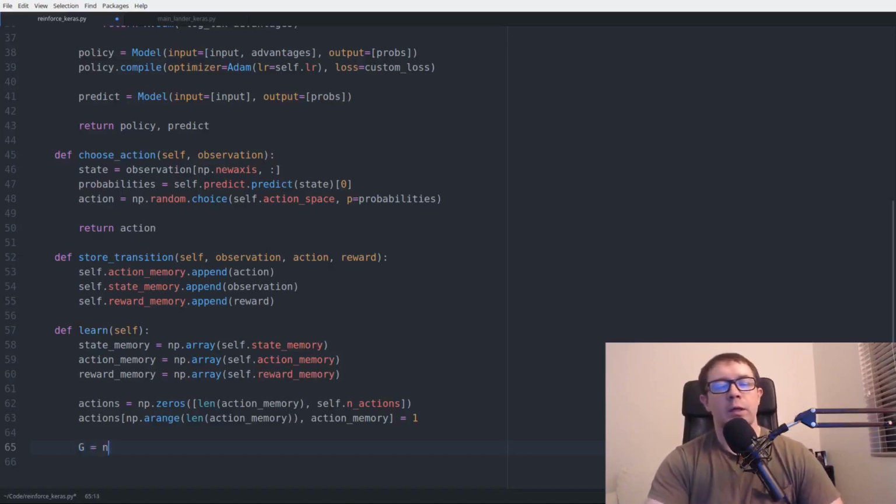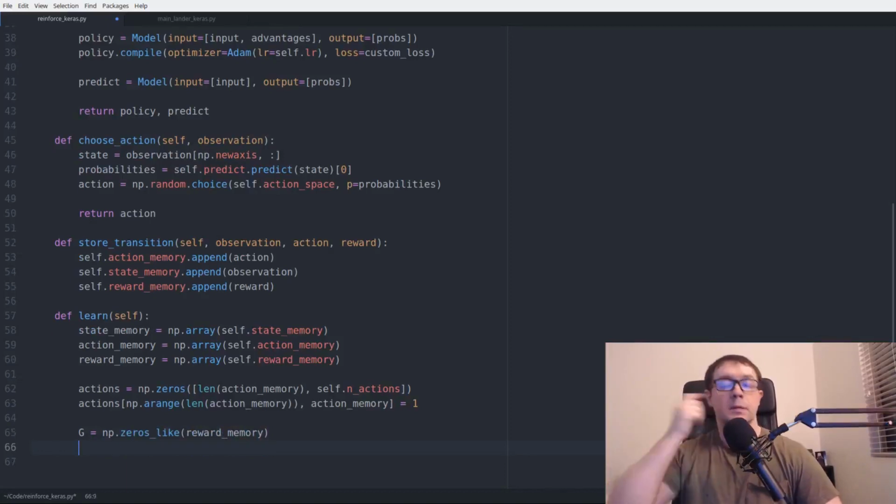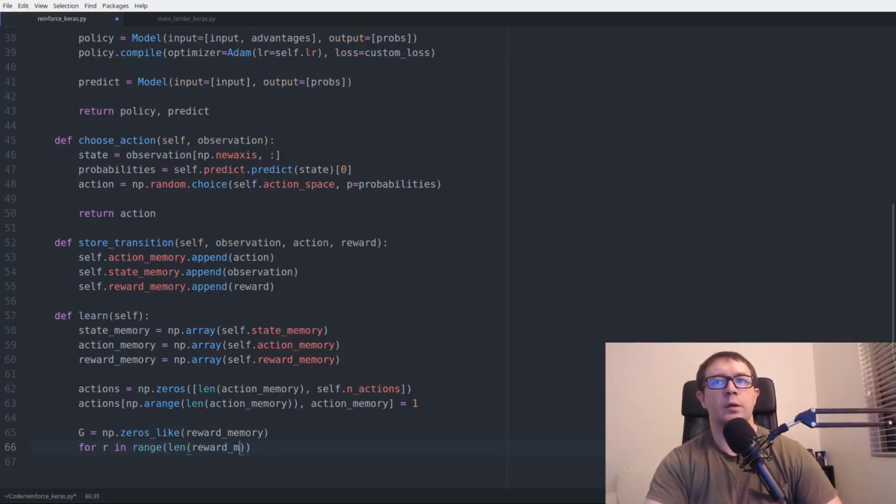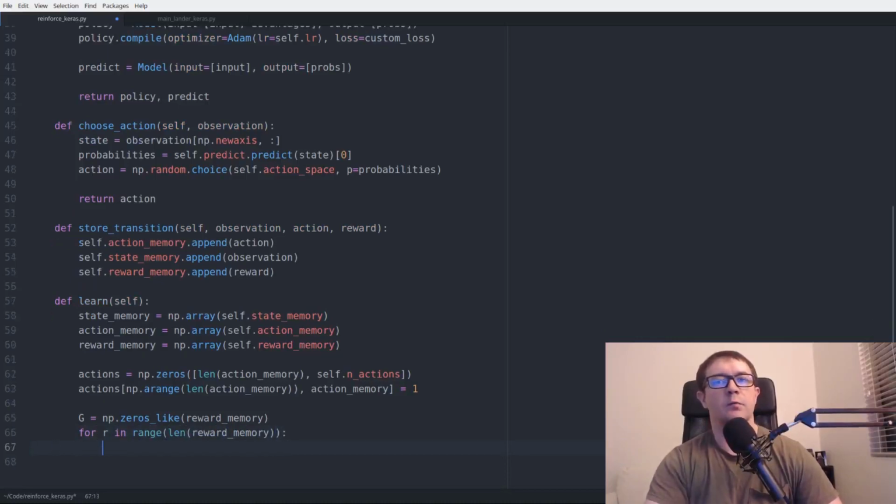So now we can calculate the rewards that follow each time step. G equals zeros like reward memory. For t in range len reward memory. So we're going to iterate over our memory, let's call this t instead of r, and calculate what is called the sum.